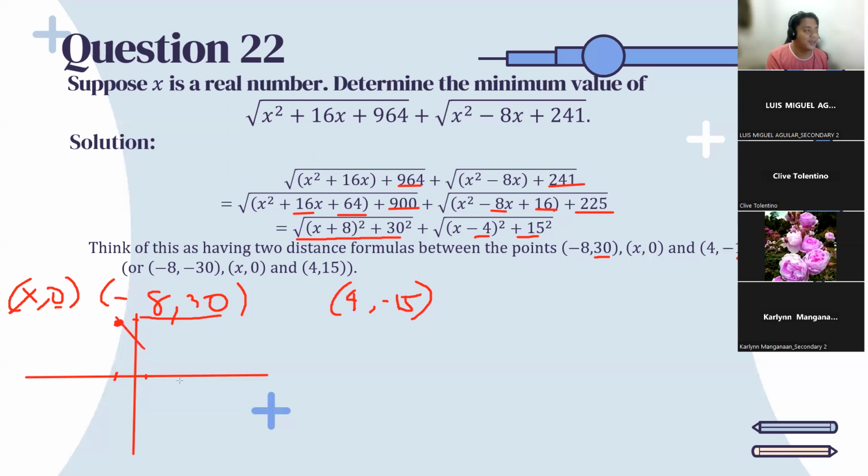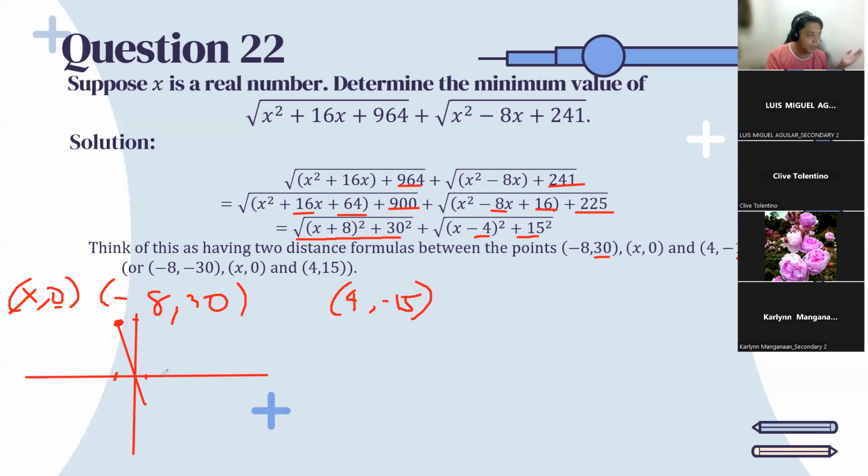So you can get the minimum, right? This is where your decision will be. So you must have negative 15, so that it will intersect the x-axis at some point. Of course, a straight line will give you the minimum distance.